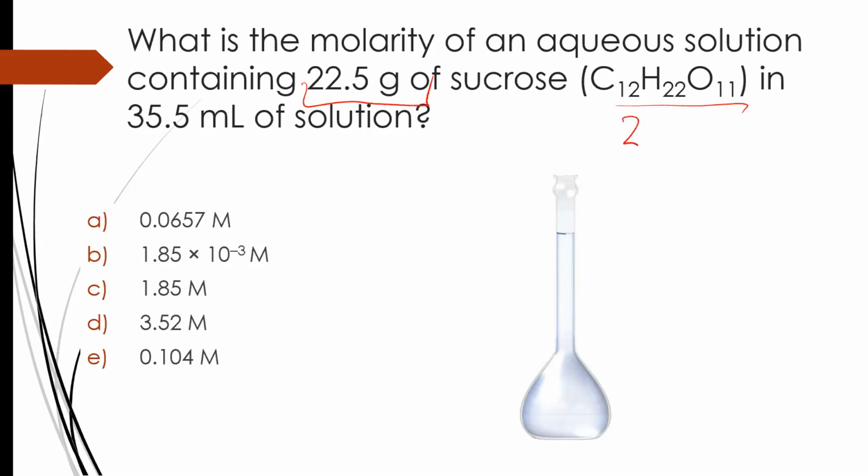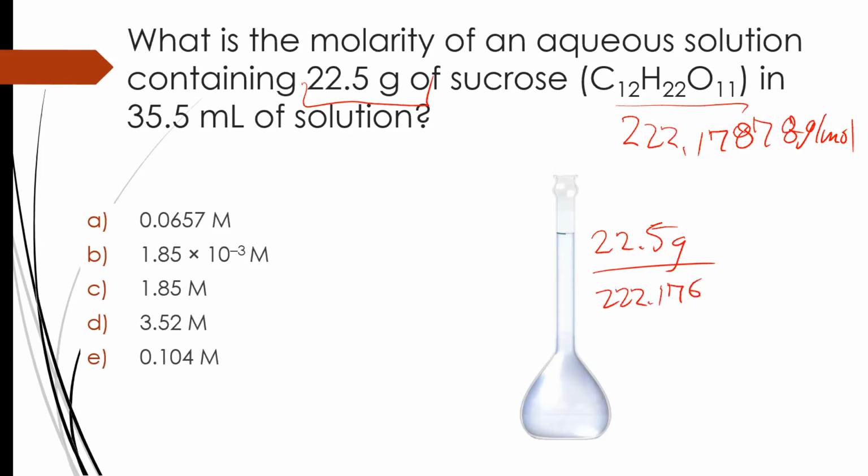We have that as 222.17878 grams per mole. We know we have 22.5 grams of it. So if I divide it by its molar mass, that gives me its moles. Should have 3 sig figs there.